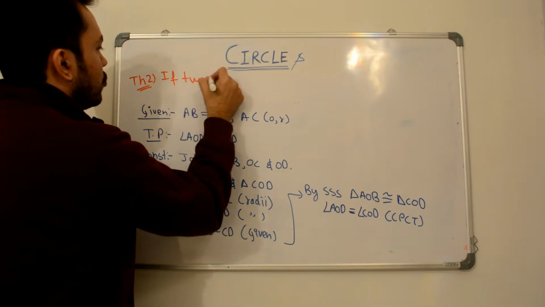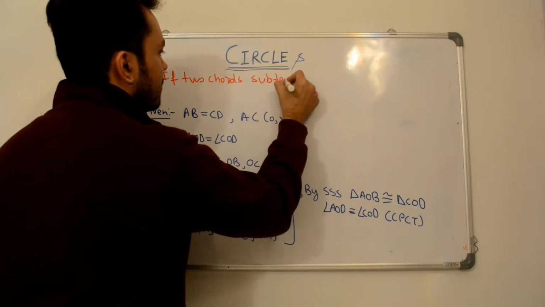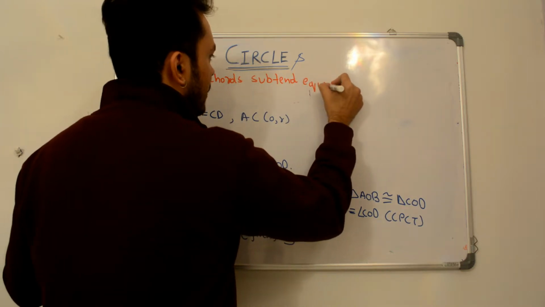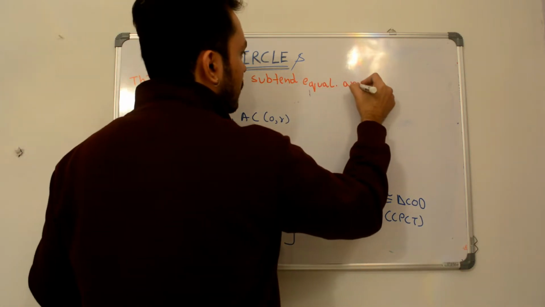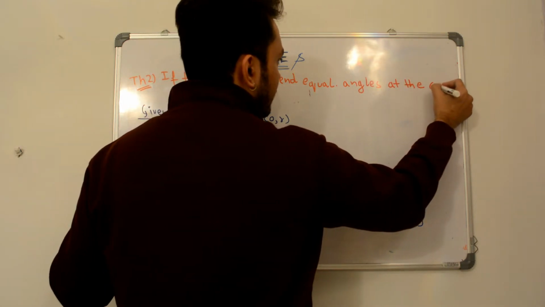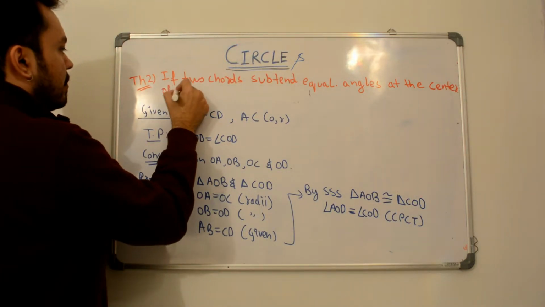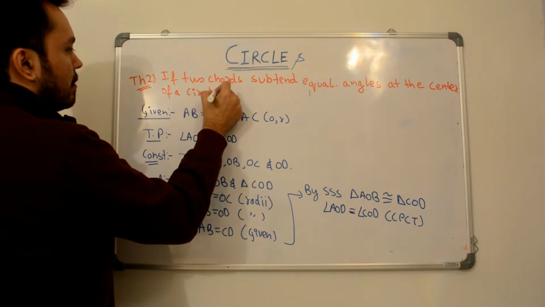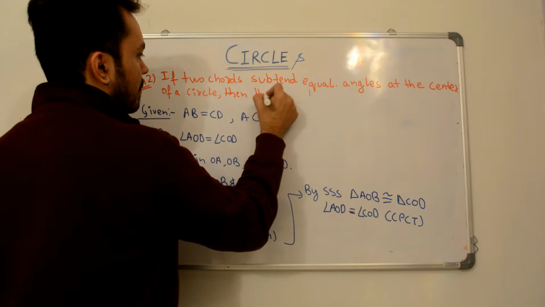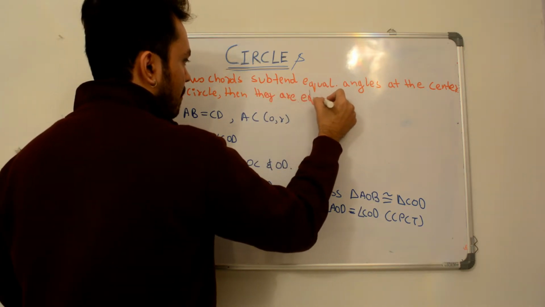So theorem number 2, if two chords subtend equal angles at the center of a circle, then they are equal.